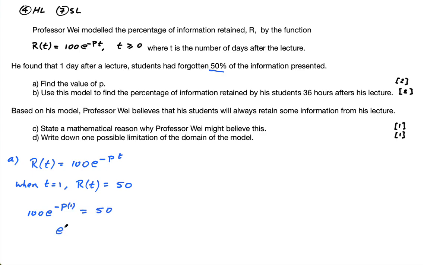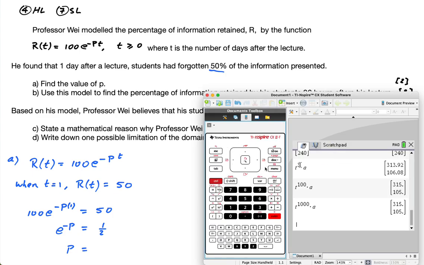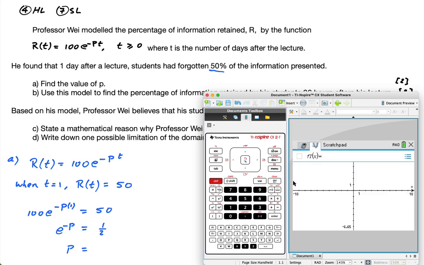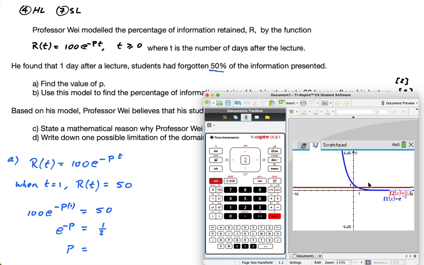Then I have e to the minus P equals a half, and then I can just solve this using a calculator. You can use numerical solve, or you can graph it. There's definitely only one solution here. Let's just graph it. I have e to the negative x. Got to use x, guys, because it's a graph. And then we draw another graph, which is a half, or 0.5, where they meet.